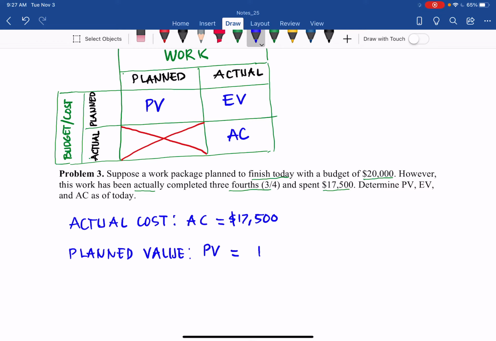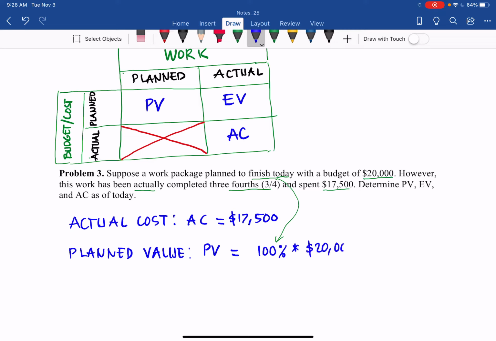Then we can see the planned value for this work as of today is 20,000.